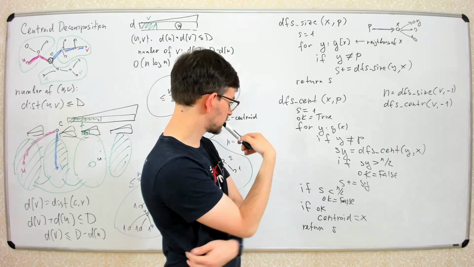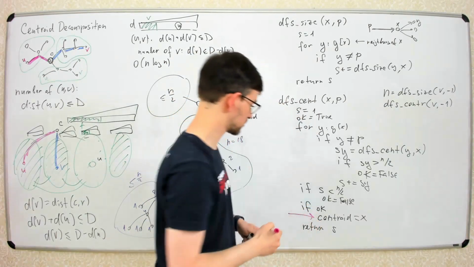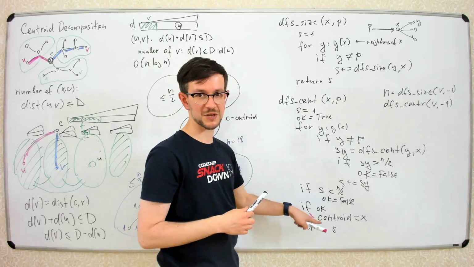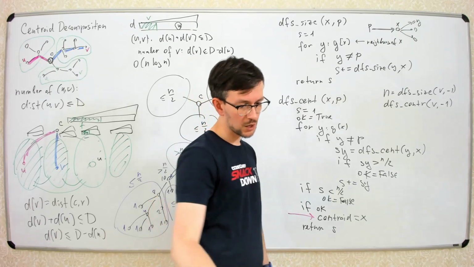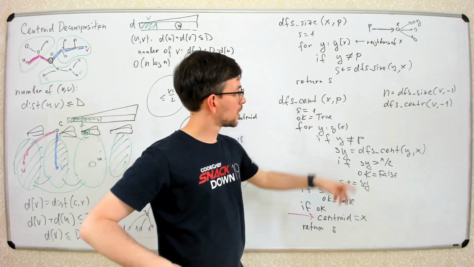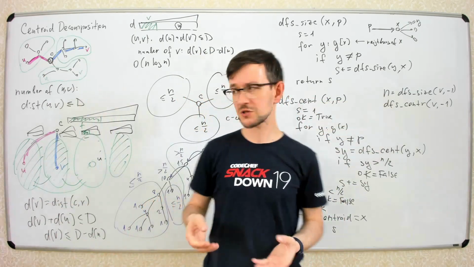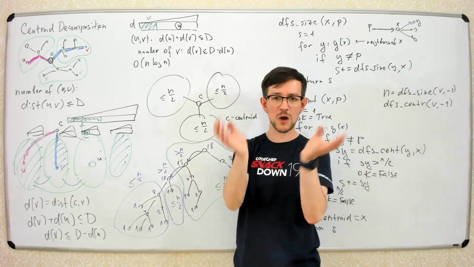Where we're saving the centroid, we're saving it in some global variable. I love global variables. So I will save it in some special variable for the centroid. Again, I use the DFS size just to calculate the size of this tree, because this is not the size of the whole tree, but the size of my part of the tree.